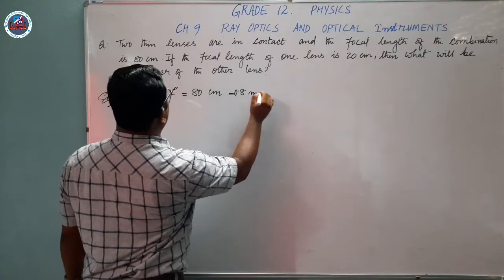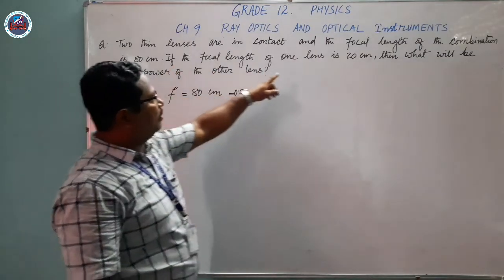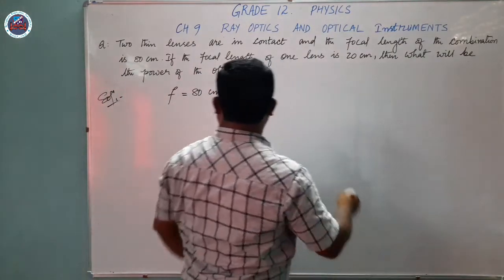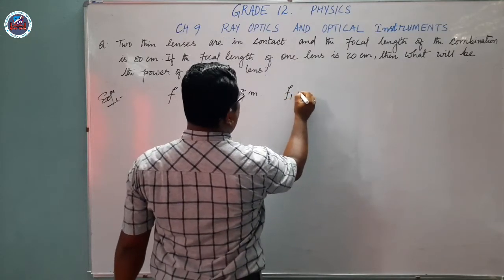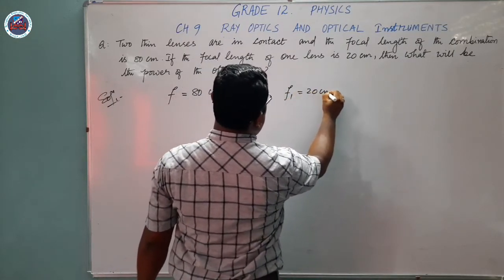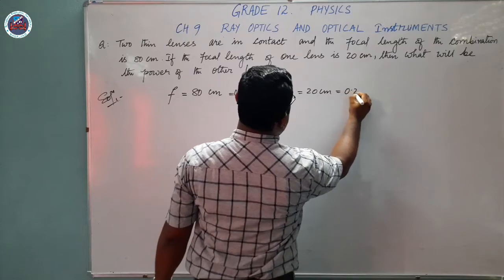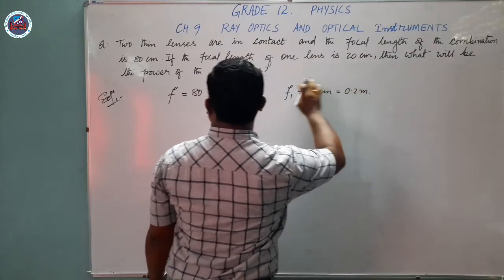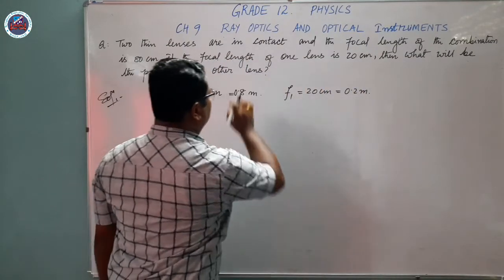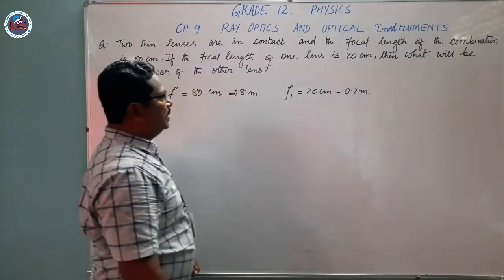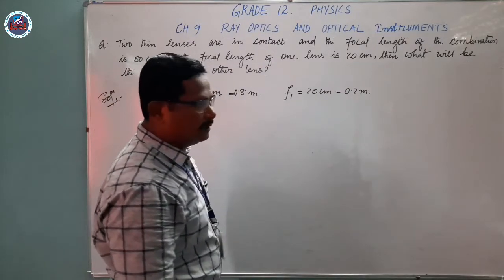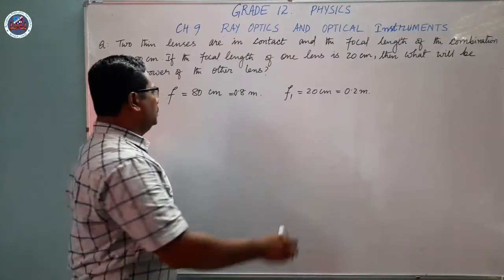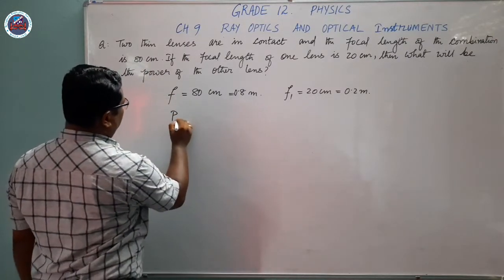The focal length of one lens is given, it is 20 cm. In meter it will be 0.2 meter. Then what will be the power of the other lens? You are asked to find the power of the other lens, which we'll take as P2.